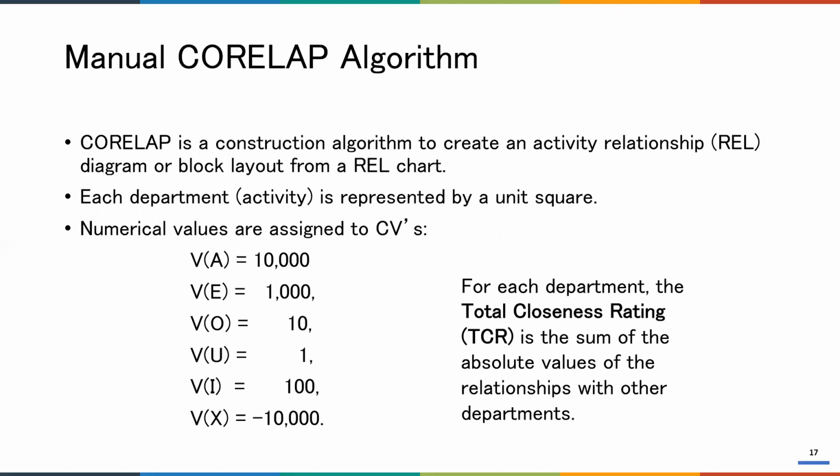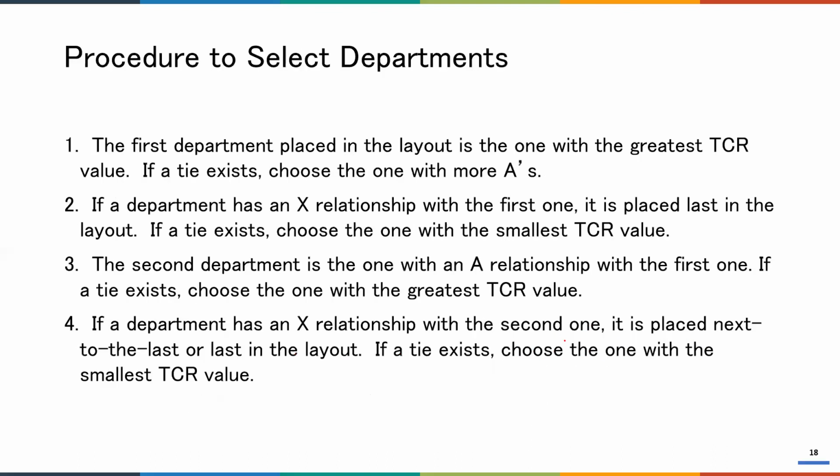And in the manual CORELAP algorithm, we will do the CORELAP algorithm manually. We basically use this ARC as the base. And then, as I mentioned before, we change it from qualitative to quantitative, and assign a value for each closeness rating. Then, for each department, we calculate the total closeness rating by summing the absolute values of the relationships with other departments.